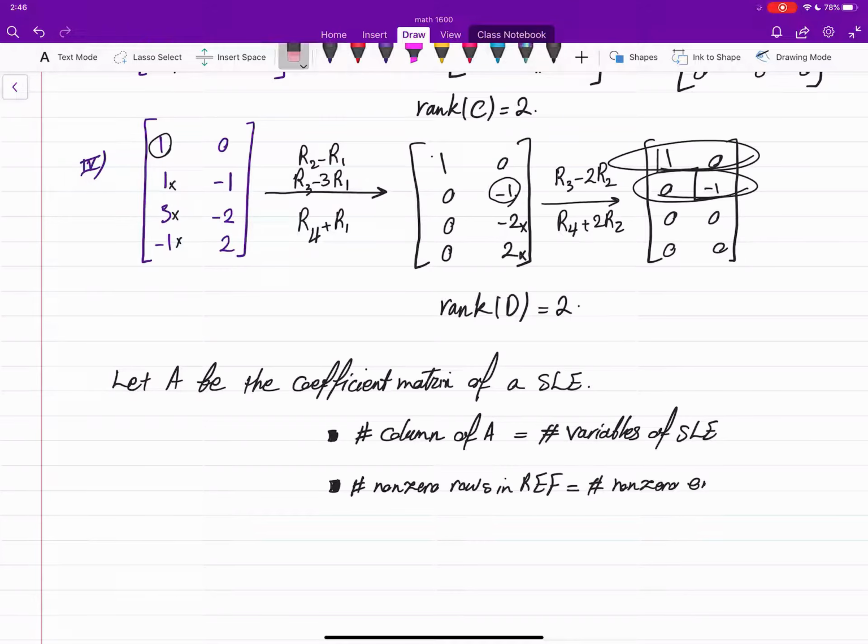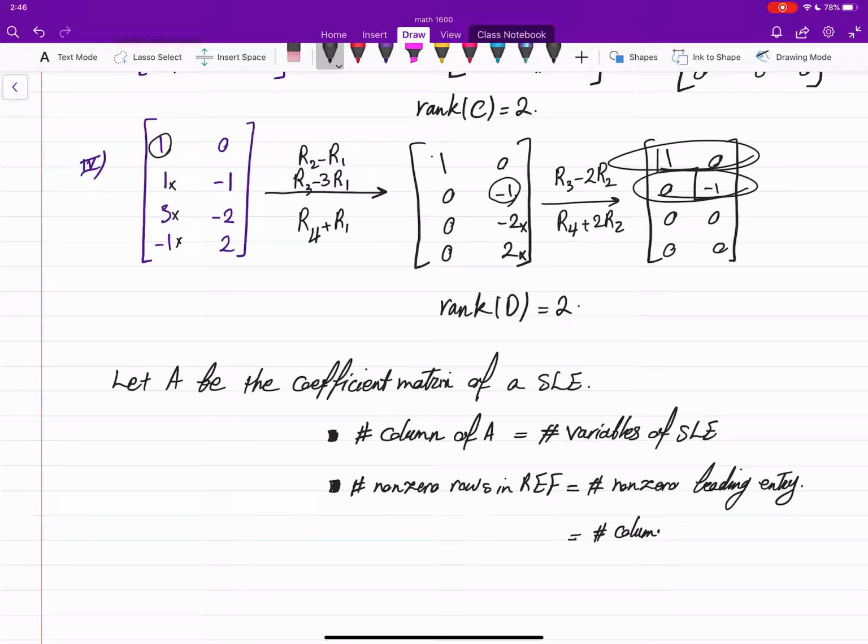the number of leading entries, because every non-zero row starts with a leading entry, yes? So you just count those. But why do I count those? Because this is now related to the number of columns.